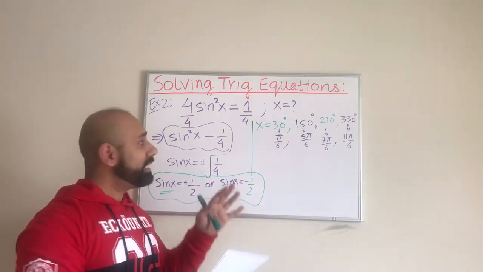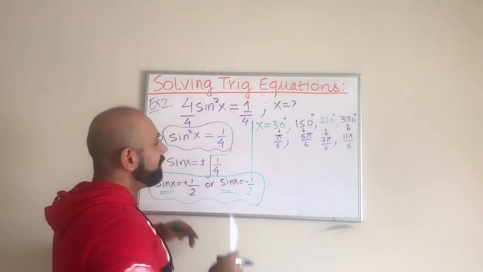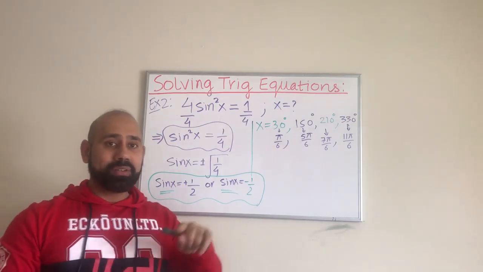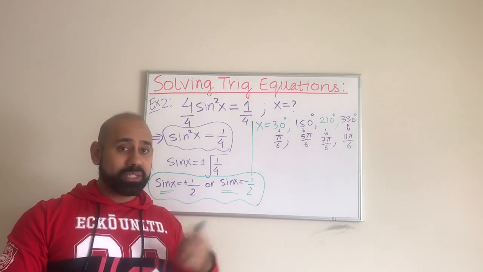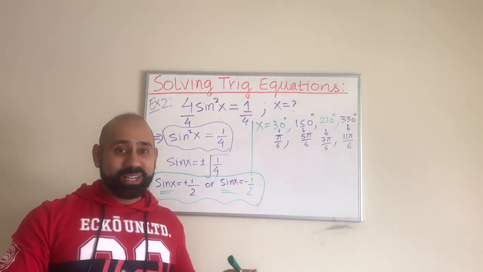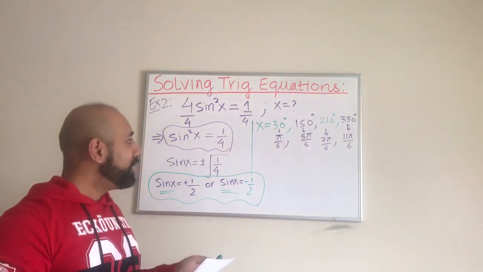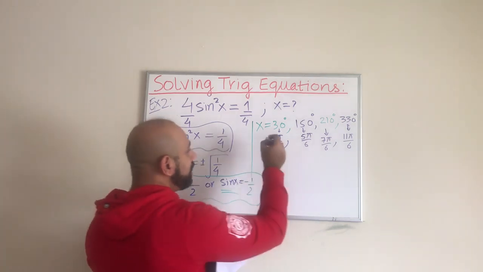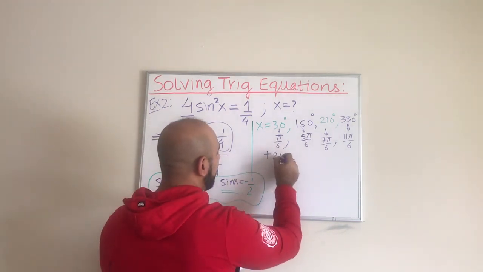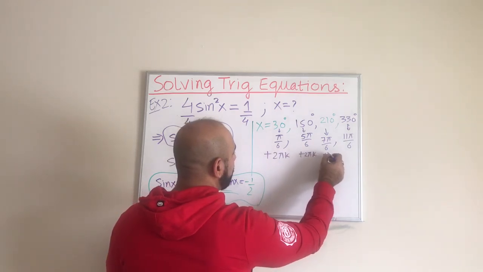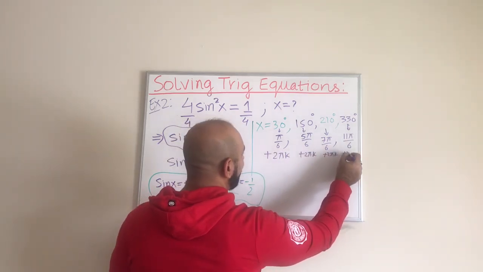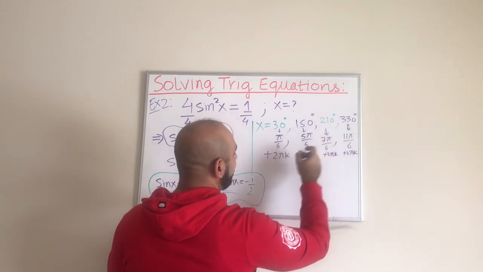But we already know that there's no restriction on the values of x. So these can keep on going forever, or we can go around the unit circle n number of times, or infinitely many times. So all we have to do here is, with all of these, just add 2 pi k, plus 2 pi k, plus 2 pi k, again plus 2 pi k, if we are using radians.